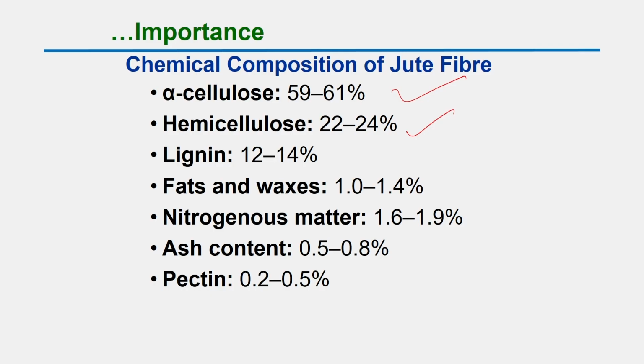Alpha cellulose 59 to 61%, hemicellulose 22 to 24%, lignin 12 to 14%, fats and waxes 1 to 1.4%, nitrogenous matter 1.6 to 1.9%, ash content, which means it may have some minerals, 0.5 to 0.8%, and pectin 0.2 to 0.5%. So you can see the major components are three: alpha cellulose, hemicellulose and of course lignin.